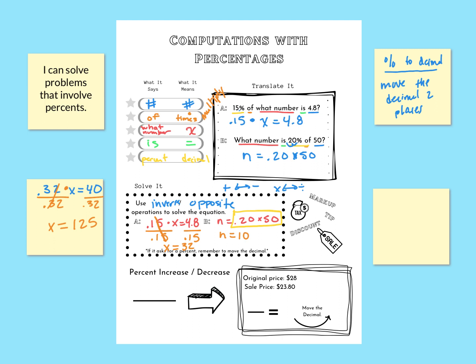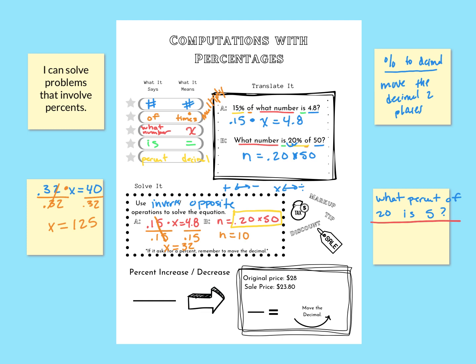And then do one more example, because what we haven't seen yet is when it says what percent. So what if it says what percent of 20 is 5? Let's try this last example because it's a little bit different. So what percent, we don't know.